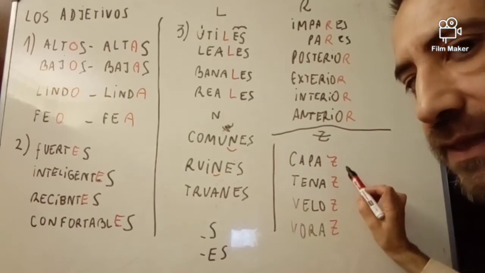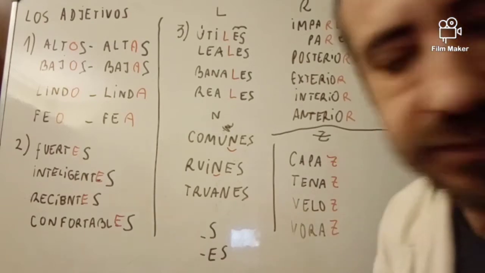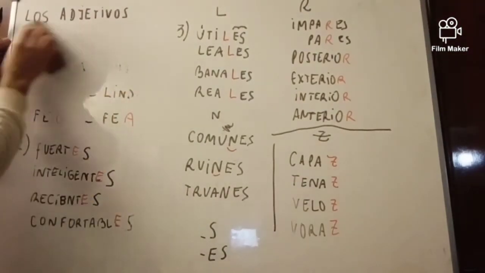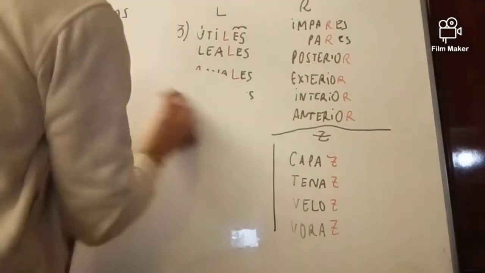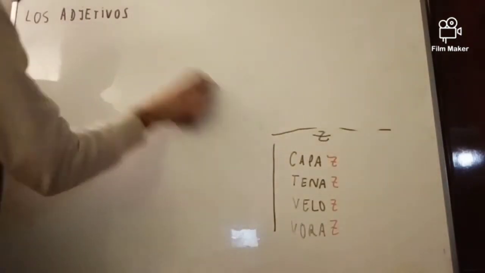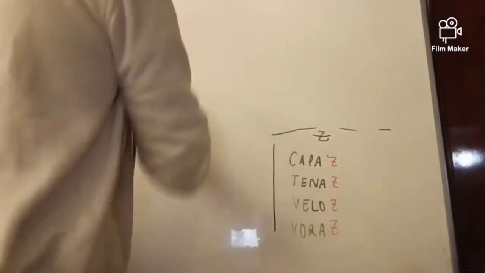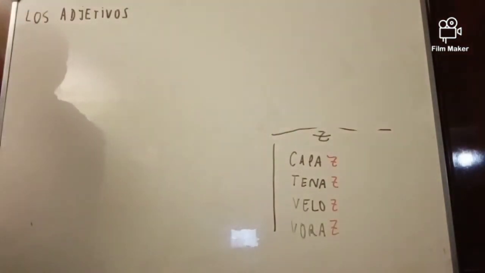Here happens something special. We'll have to make a change. I really don't know why; I should read it in a book on the evolution of Spanish letters, because in fact they are pronounced the same.